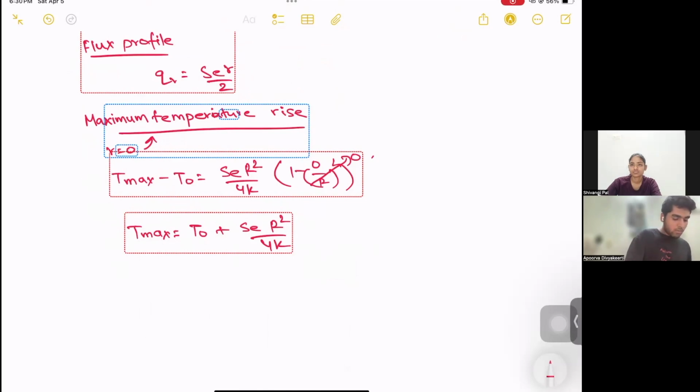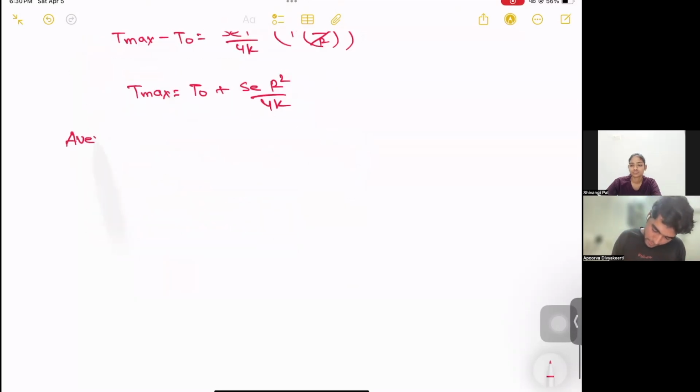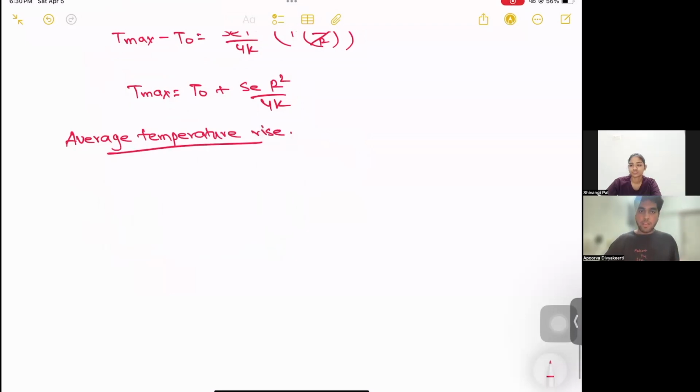Now the next one which we'll be doing is the average temperature rise. So how will we get this? We have maybe learned previously that we integrate.